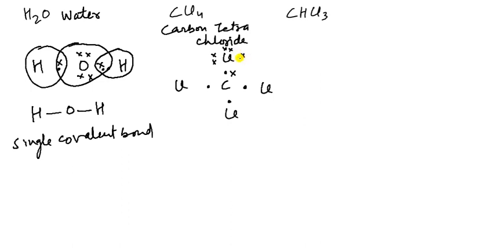As you know, carbon has only 4 electrons in the outermost shell. But chlorine has 7 electrons. So 1, 2, 3, 4, 5 and 6, 7. And in this, it is 1, 2, 3, 4, 5, 6 and 7.